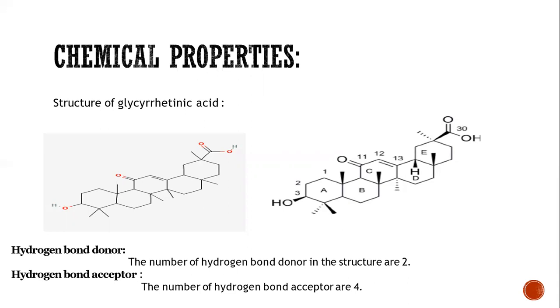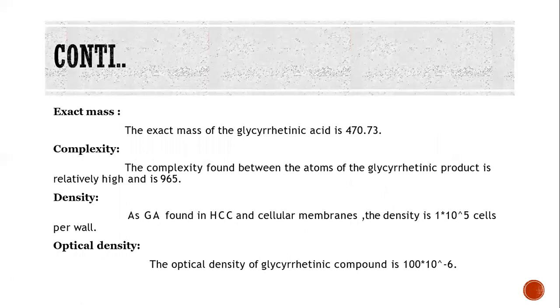Many carbon, hydrogen, and oxygen atoms are correlated with each other. The complexity found between the atoms of glycyrrhetinic acid is relatively high, at 96.5. Density.